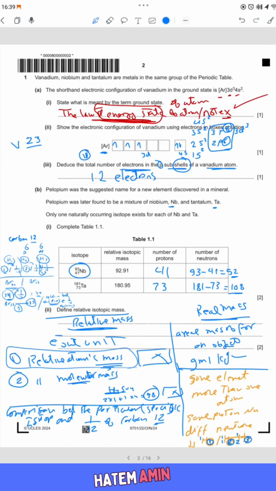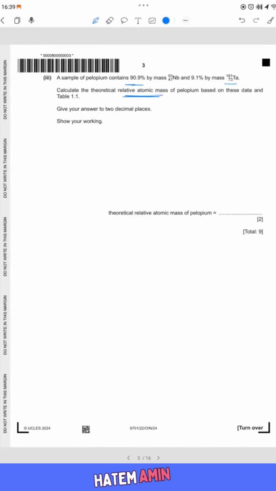And we said how can we define it? The relative atomic mass is the total mass of all isotopes according to their percentages in nature. According to these percentages we can calculate the relative atomic mass for this element. So for the palladium, we need to find the relative atomic mass.